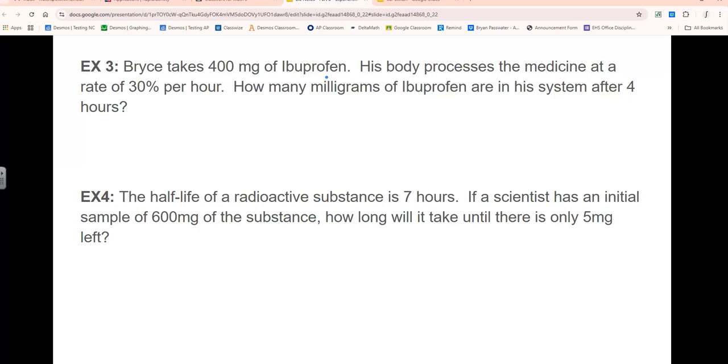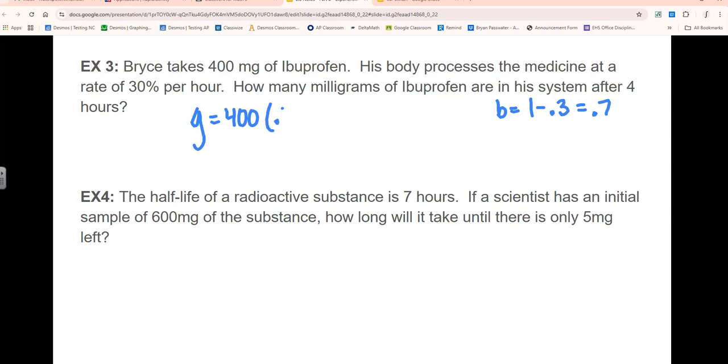So it decreases exponentially. So if we're writing an equation for this, we're going to have y equals, our initial amount is 400 milligrams of ibuprofen. Our B value in this case, we are using up the medicine at a rate of 30% per hour. So if we do 1 minus 0.3, we will get 0.7.